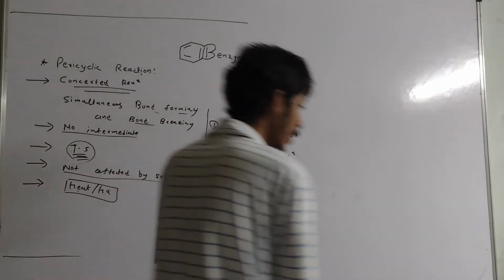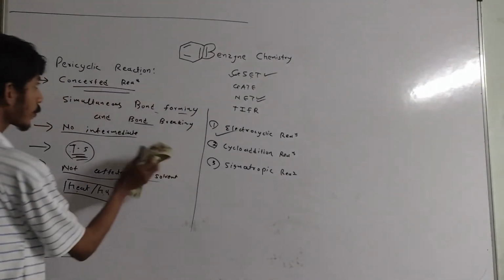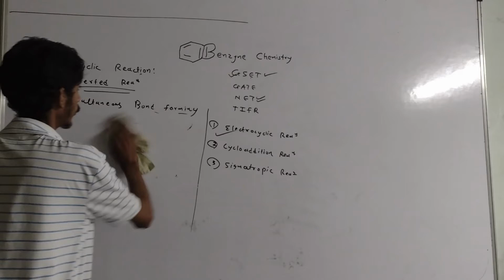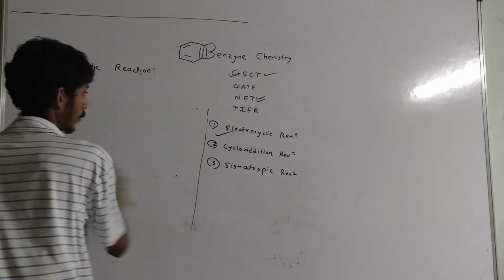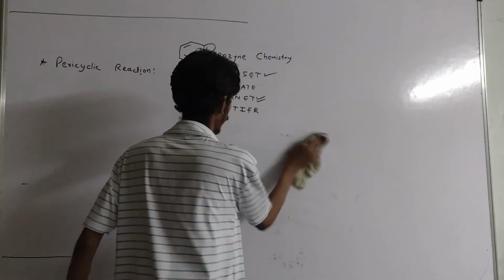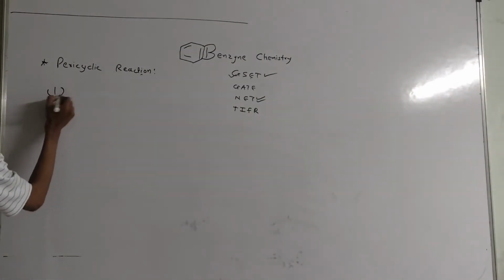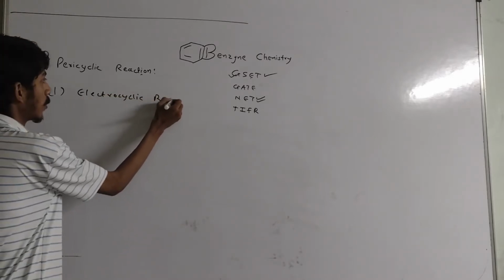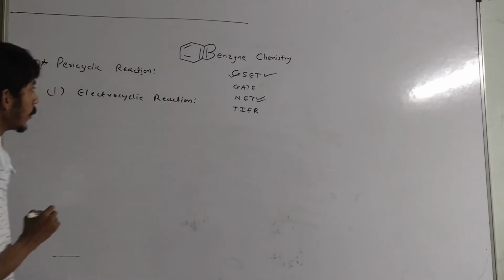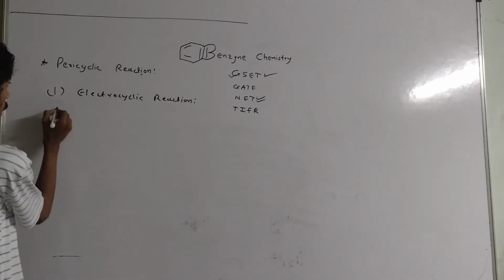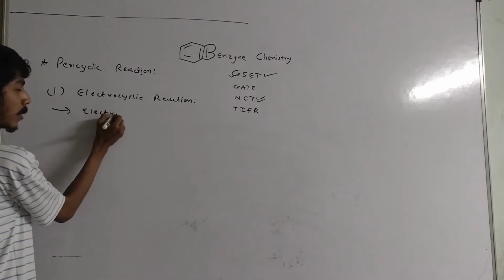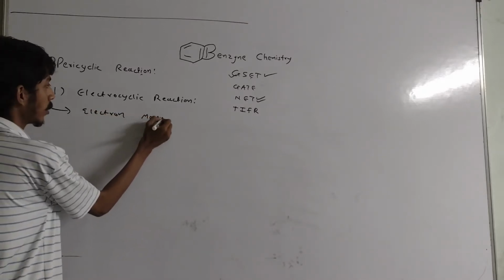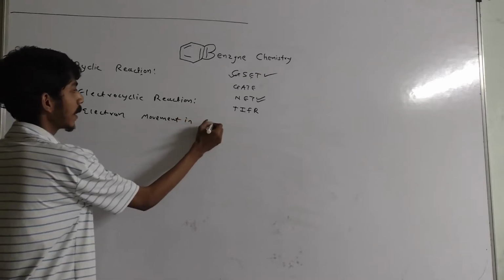So let us start with the electrocyclic reaction. What is an electrocyclic reaction? Electron movement in a cyclic manner.